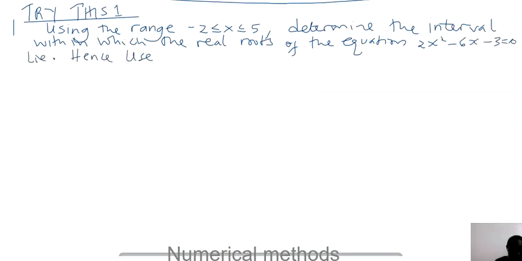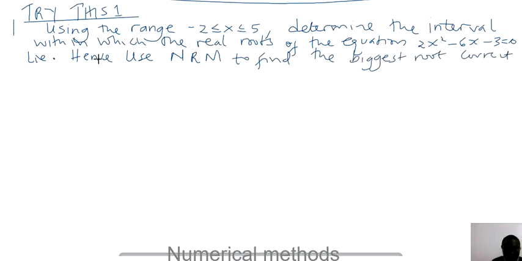Hence use the Newton Raphson's method to find the biggest root, correct to 2 decimal places.